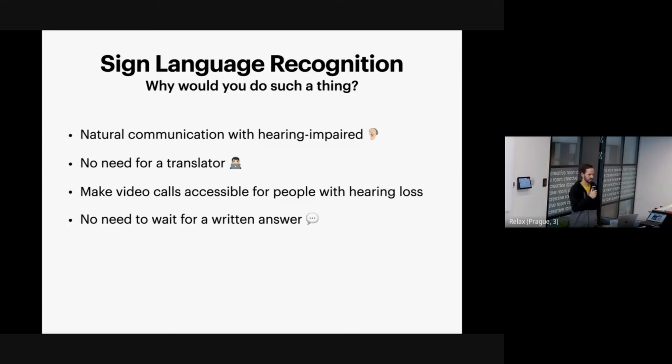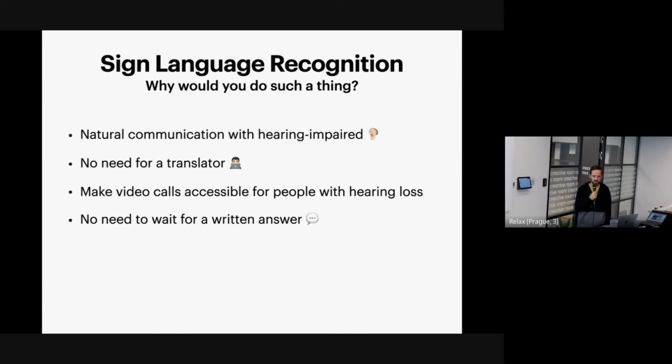And you don't need a translator, which is currently how it's done. When there is a person with this disability and they are looking for a job, there are certain non-profit companies that provide a translator free of charge, and he's present. But of course, it requires some funds, etc. So it's just a complicated mess.